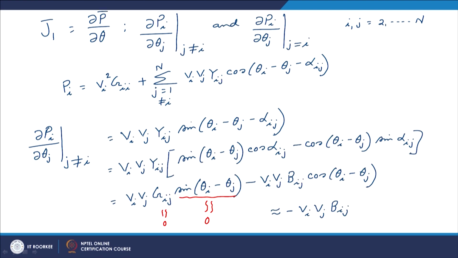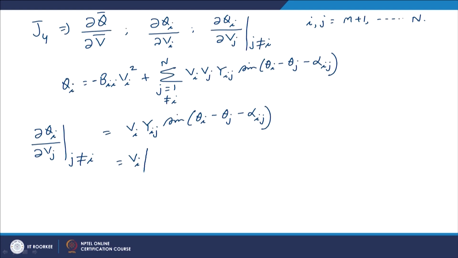We have already seen that this part is nothing but G_ij into sin, and so on.